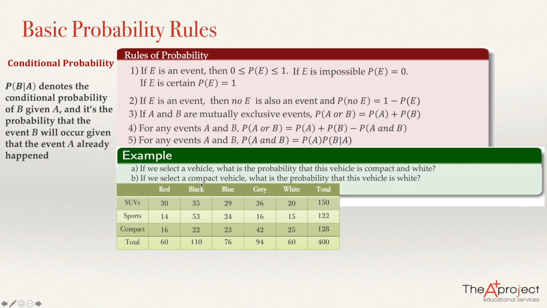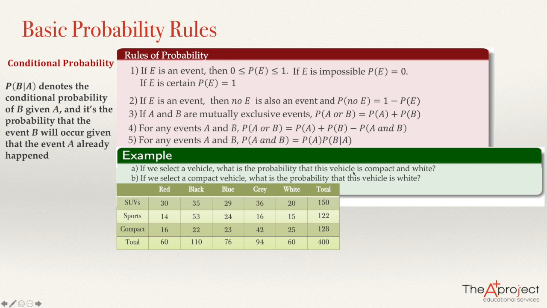So now the fact that the vehicle is compact already happened. So now in the second question, I'm looking for the probability that the vehicle is wide, given that we know already that it's a compact vehicle. So in this case, we are finding the conditional probability.